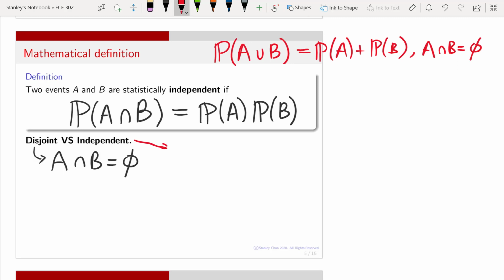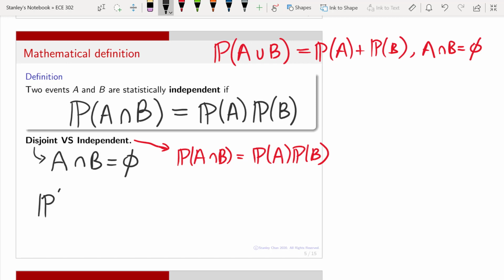Independent says the probability of A intersect B will equal the probability of A times the probability of B. Clearly, these are two completely different definitions. Now, if you have two events being disjoint, then the probability of A intersect B will just be the probability of the empty set, which gives you 0.